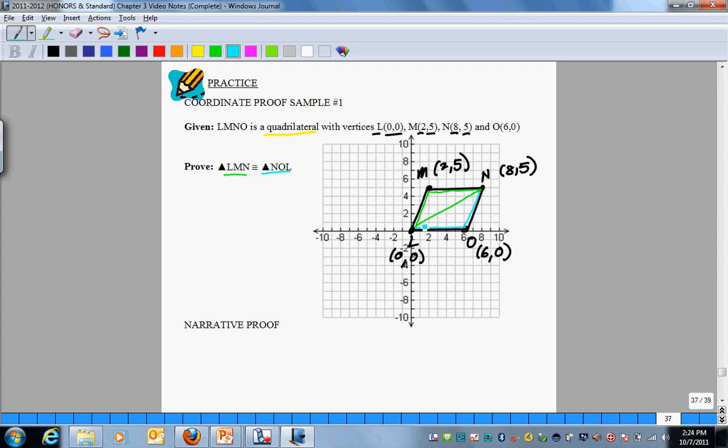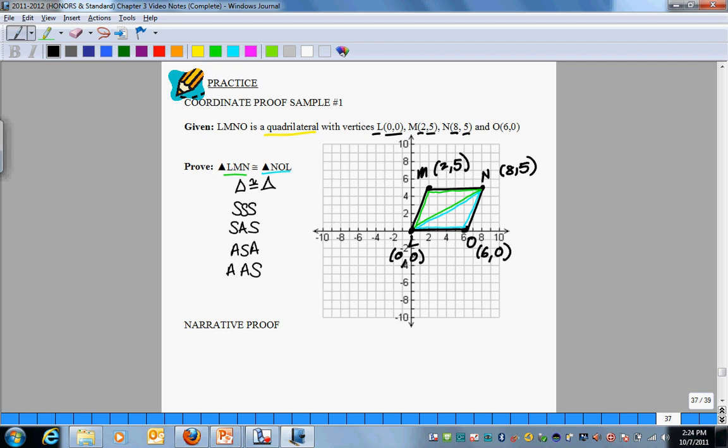It is helpful if you trace this in two different colors. So we want to make the triangles equal. The minute you think of triangles being congruent, you should think of the following shortcuts. Side, side, side, side, angle, side, angle, side, angle, or angle, angle, side.